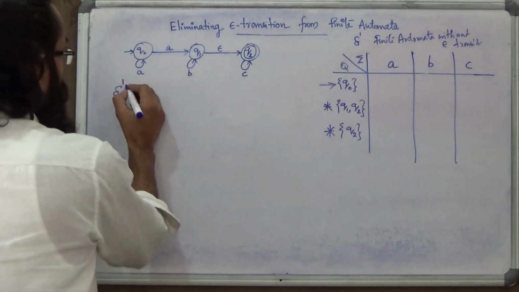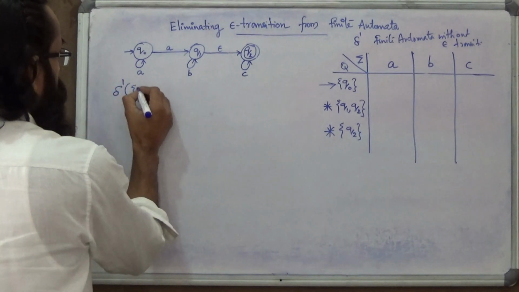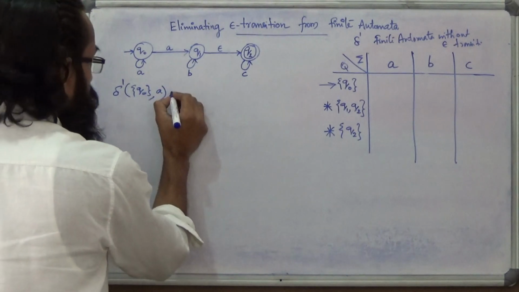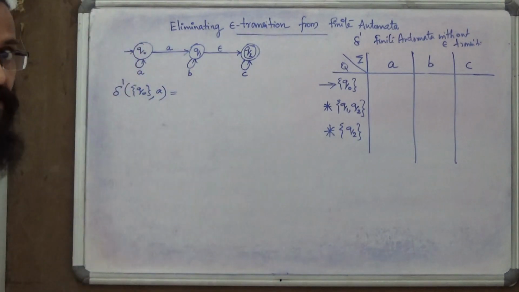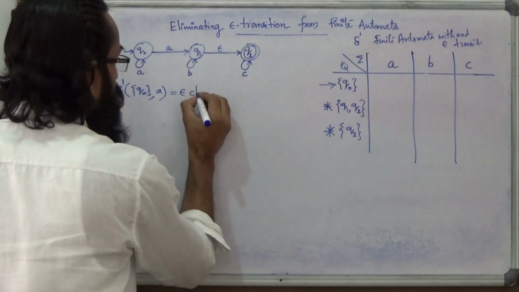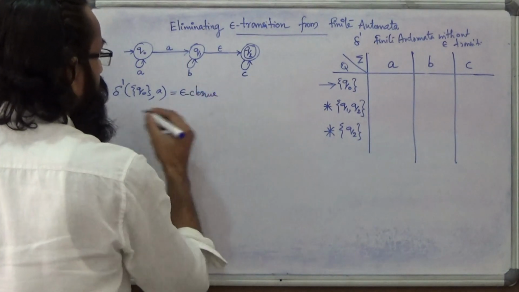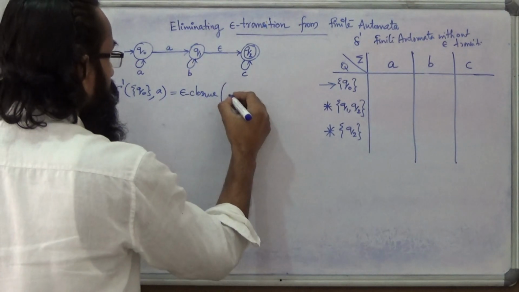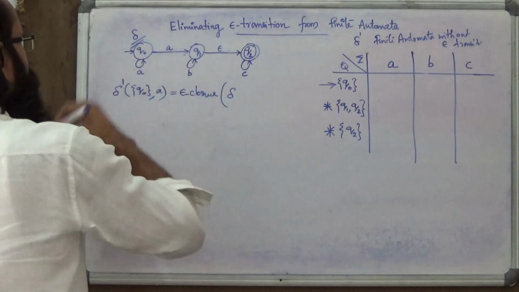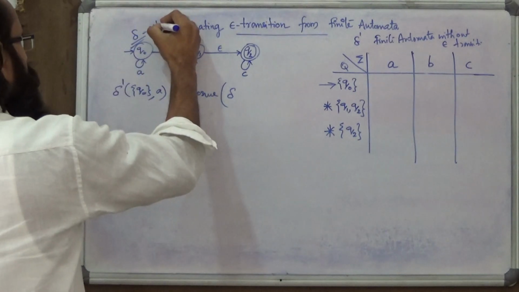So you are going to apply delta dash to the state Q0, you are applying input A. So you can expand this transition function like this. This will be equal to epsilon closure of delta Q0 A. See, delta is actually the transition function in our epsilon NFA.